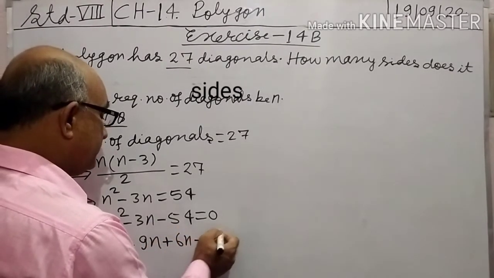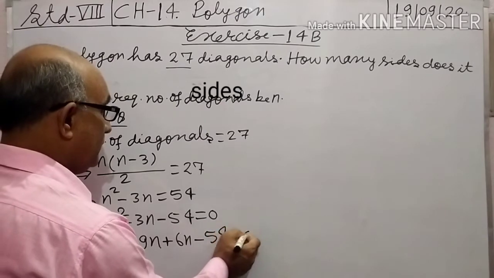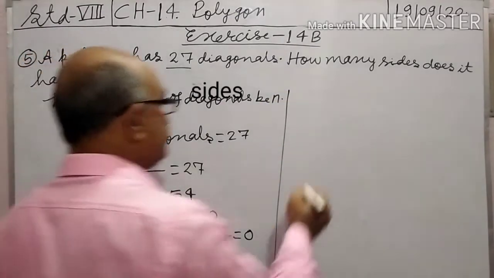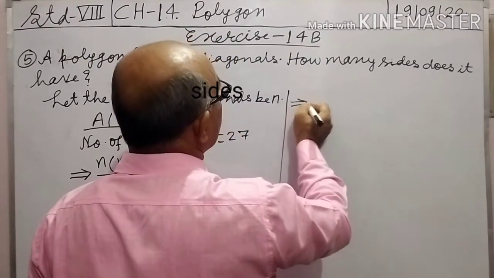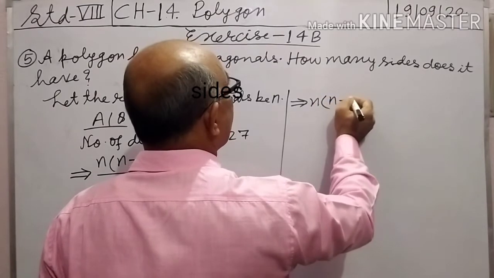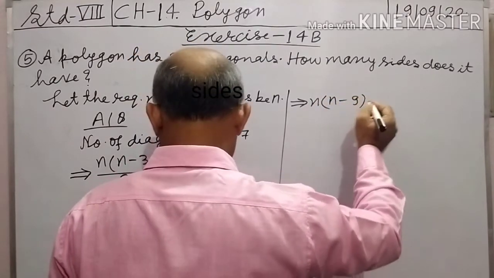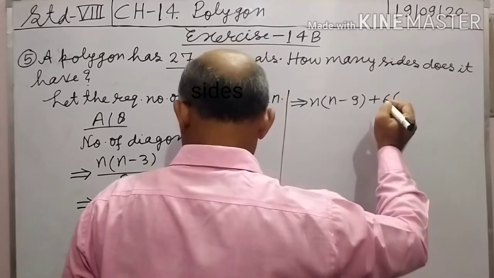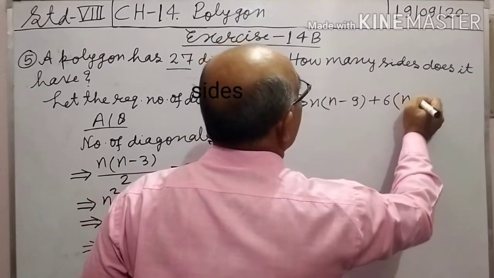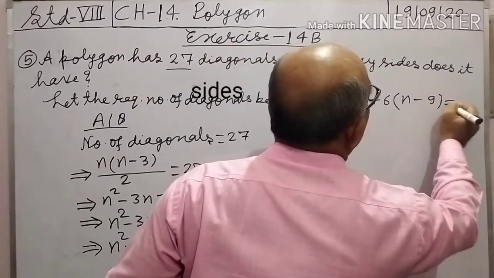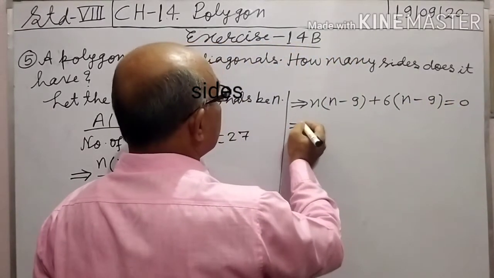Now take n common: n into n minus 9, plus 6 common, n minus 9 equals 0.